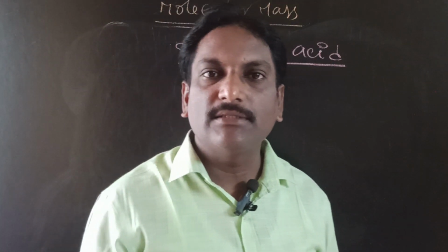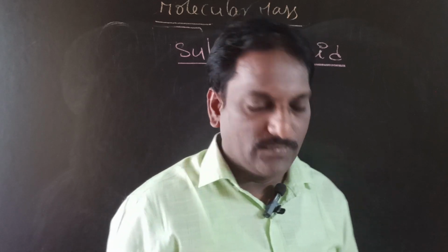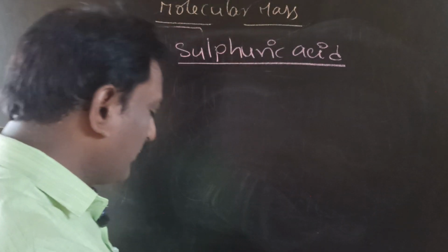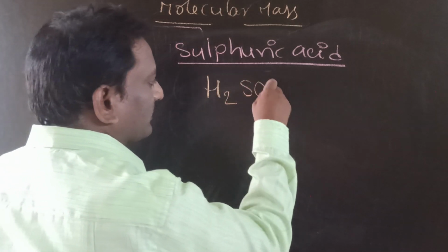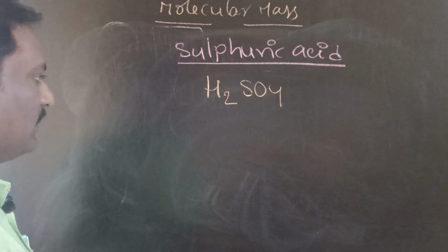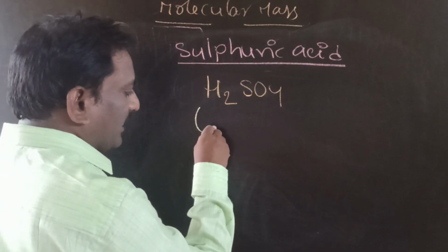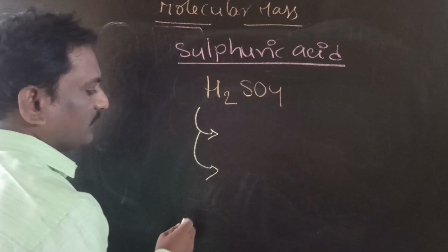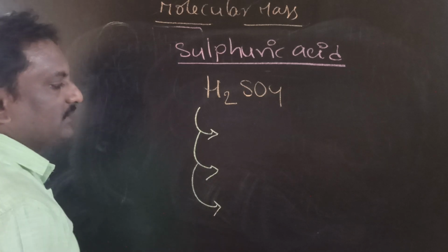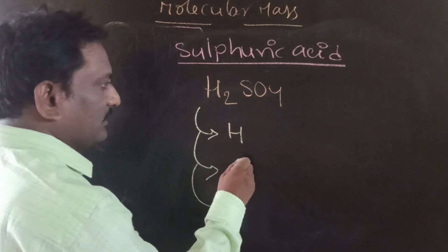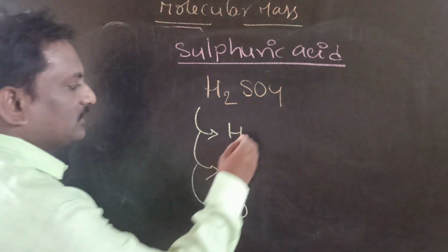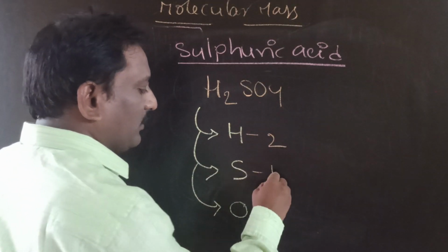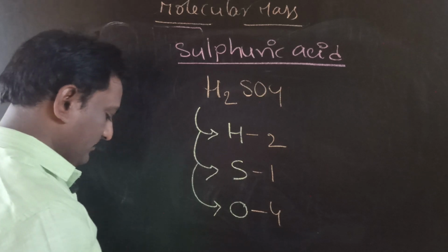It is considered the king of chemicals. So the sulfuric acid chemical formula is H2SO4. Let us list out the number of atoms of different elements present in this one. Three kinds of elements are present: hydrogen, sulfur, oxygen. How many hydrogens? 2, sulfur 1, oxygen 4.